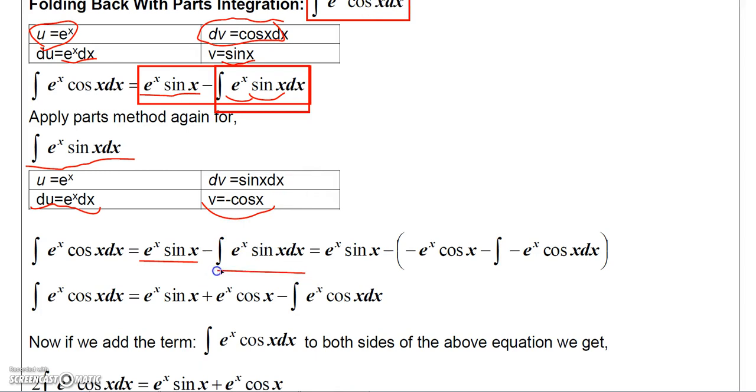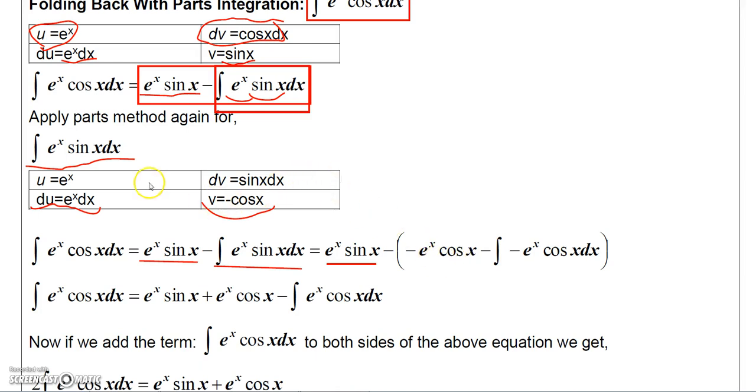Now what I'm going to do though is replace this integral with what I'm going to get from my parts integration. So let's take a look at what would happen. So again, I would have e to the x sine x, and then I would have minus right here, so I'm going to put a minus there, and I'm going to put the result of that second integral in these parentheses here.